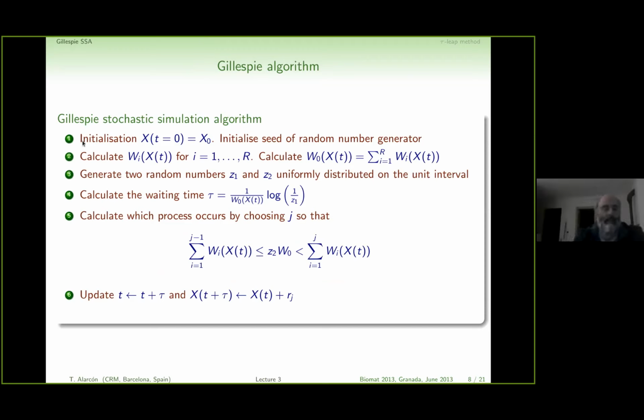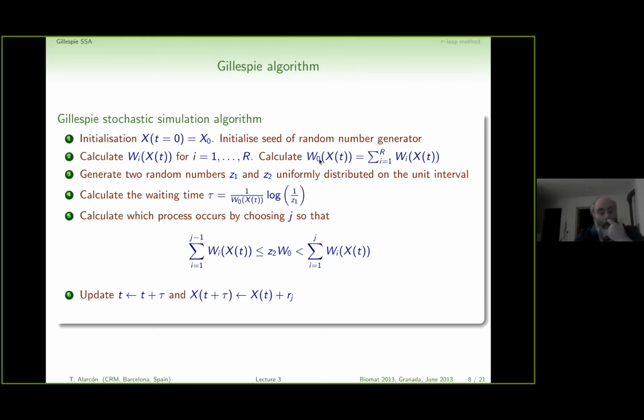So just to recapitulate, the way the algorithm works is that you initialize your system, so give some initial condition at time 0, and you initialize the seed for your random number generator. Now at each time step, what you do is you calculate all the rates.